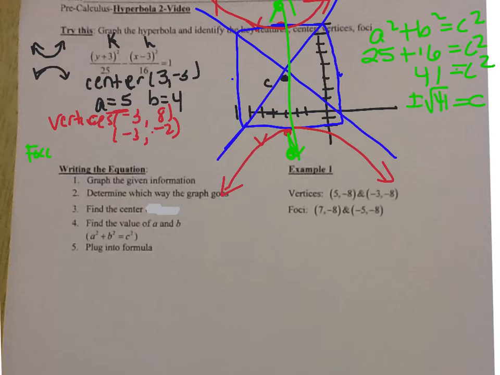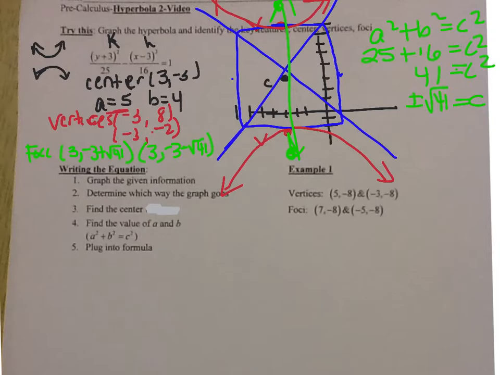So I'm going to add and subtract the square root of 41. So my center is -3, 3, so it'll be -3, 3 plus the square root of 41, and -3, 3 minus the square root of 41. Those are my foci.